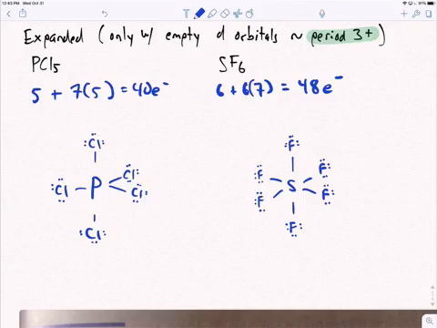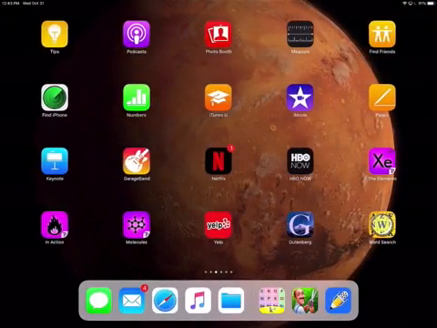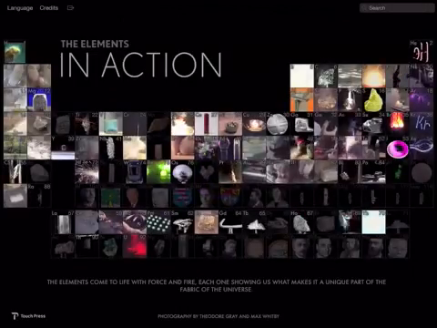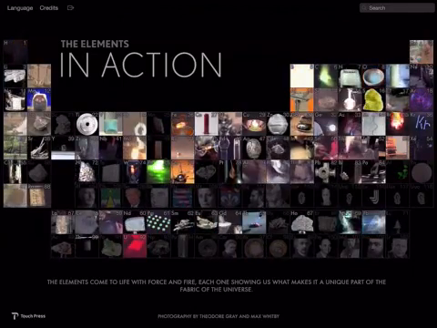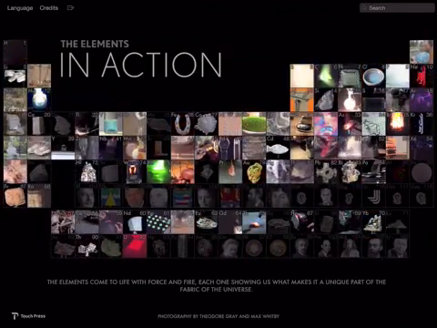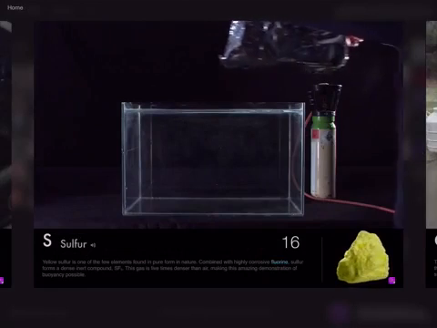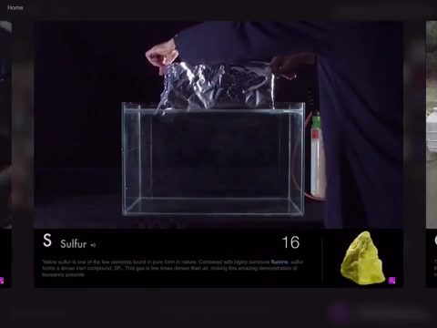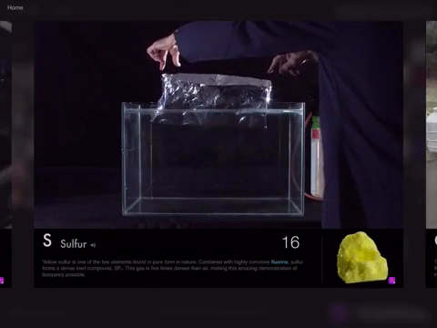Do I have that? Let me see if I have the in action. Is that with sulfur, with fluorine? Yeah, here we go. Here's sulfur hexafluoride. It's really heavy.